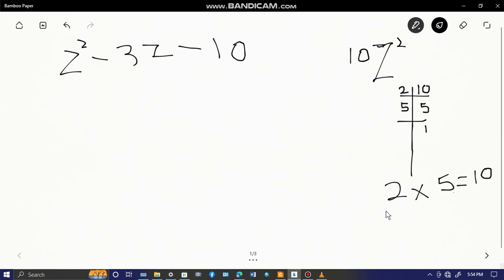Which one do you think we should make negative? So basically, we would have 2 plus, and we'll make 5 the negative number, negative 5. That one will give us, if you try on your calculator, a negative 3.